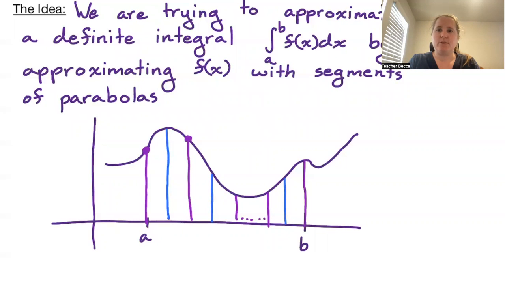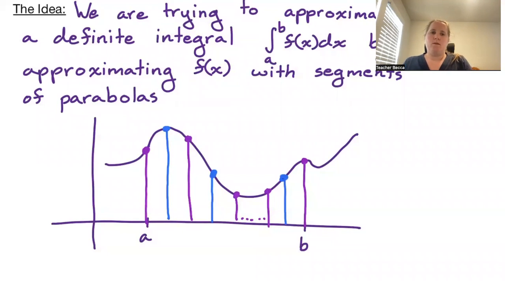Let me update my screen. So we model each of these series with the parabola that will go through those 3 points. It's not going to be perfect by any means as I draw this. But from purple to purple, going through the blue point in the middle is a segment of a parabola.